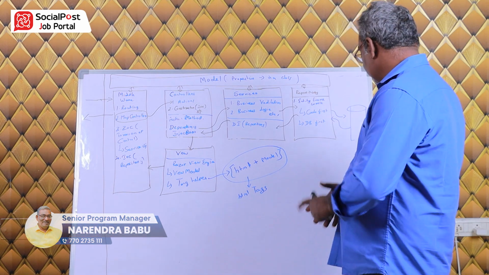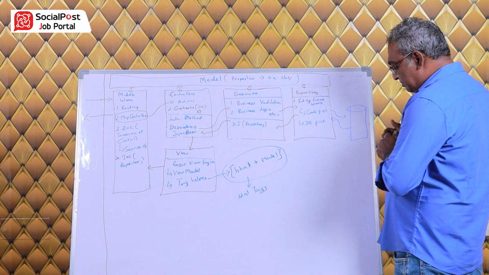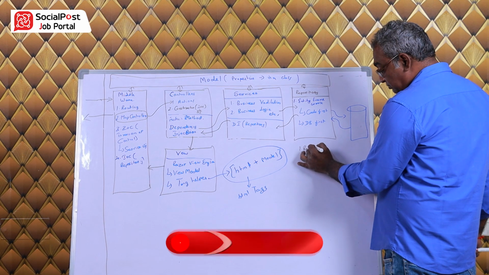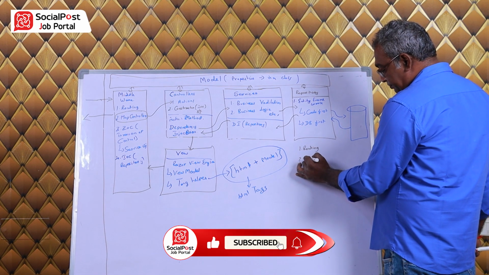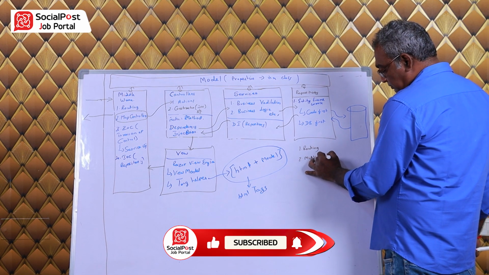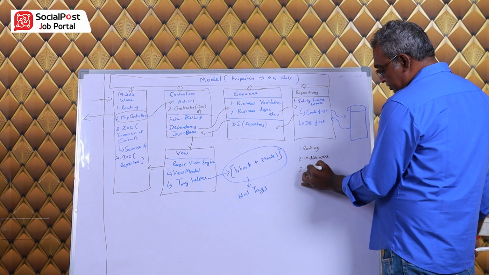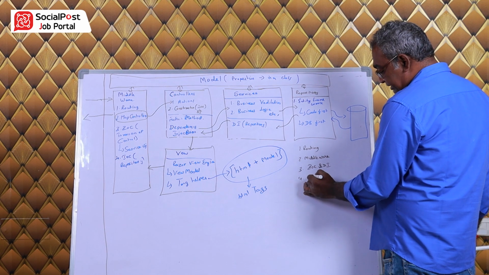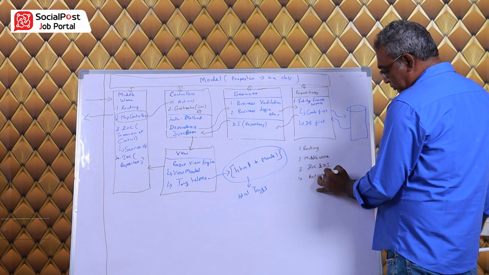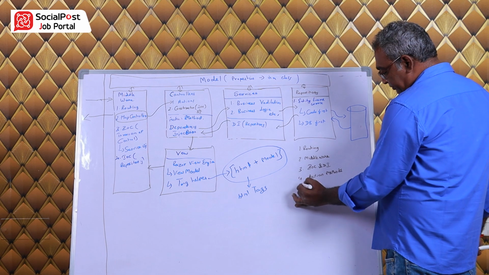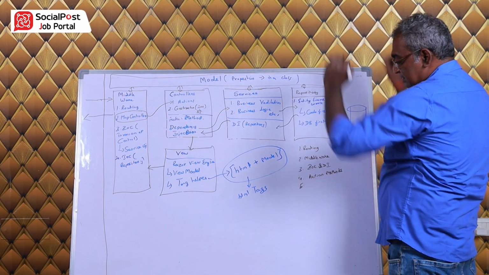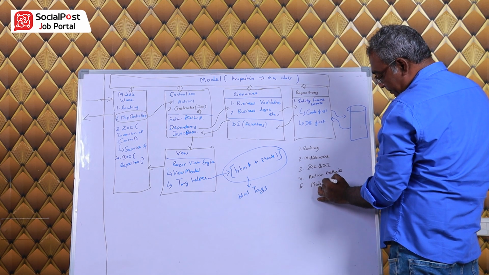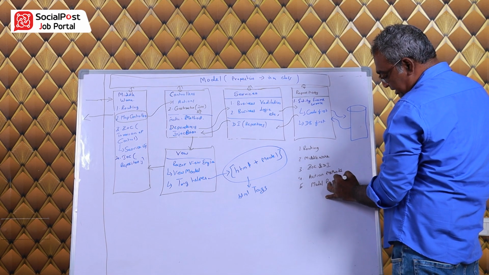If you picturize it, what are all the topics available? Overall topics. First topic, routing. Second topic, middleware. Third topic, IOC and dependency injection. Fourth topic, action methods. Fifth topic, service layer. Services are model properties.